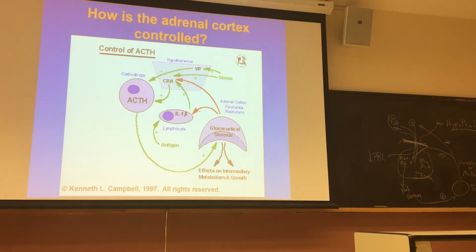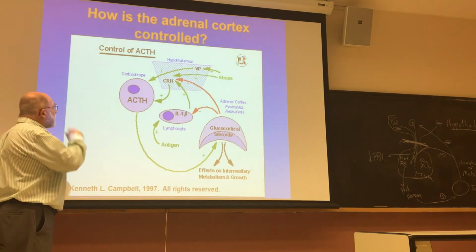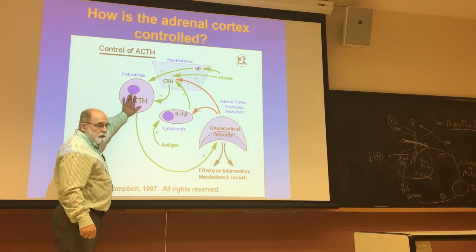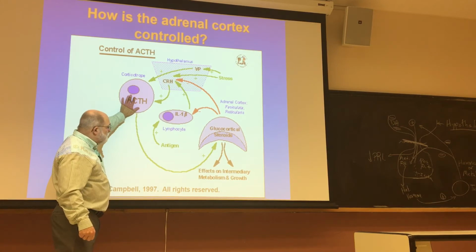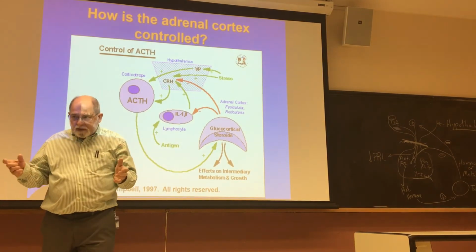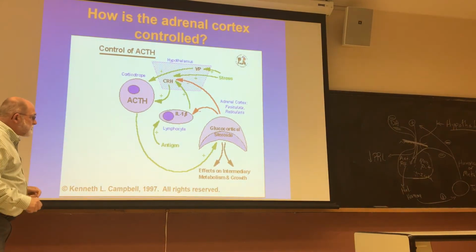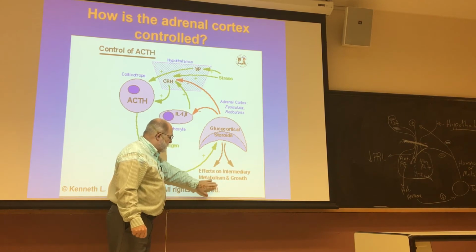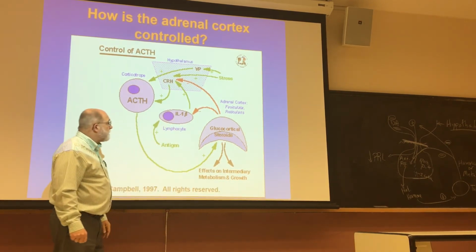ACTH, the stress axis. Here we're dealing with the corticotropic cells producing adrenocorticotropic hormone, and it's acting on the outer layers of the adrenal gland, the steroid producing ones, to produce glucocorticoid steroids, which affect metabolism and growth.